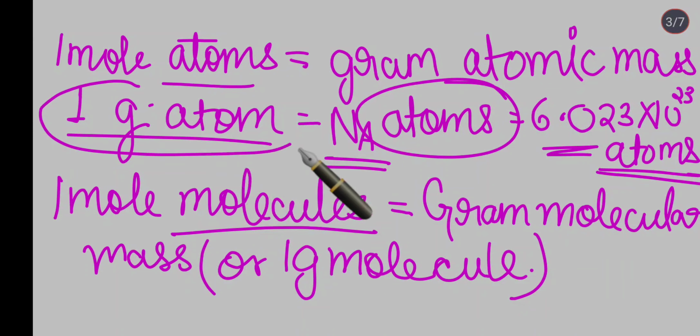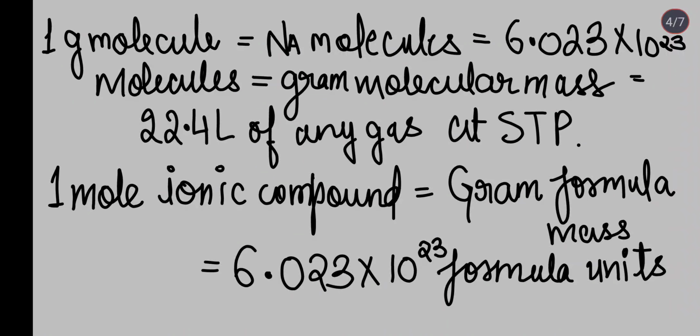We talked about 1 gram atom; now moving on to 1 gram molecule. 1 gram molecule is equal to N of A, which means Avogadro's number of particles, that is 6.023 into 10 to the power 23 molecules, which is equal to gram molecular mass, which is again 22.4 liters of any gas at STP.